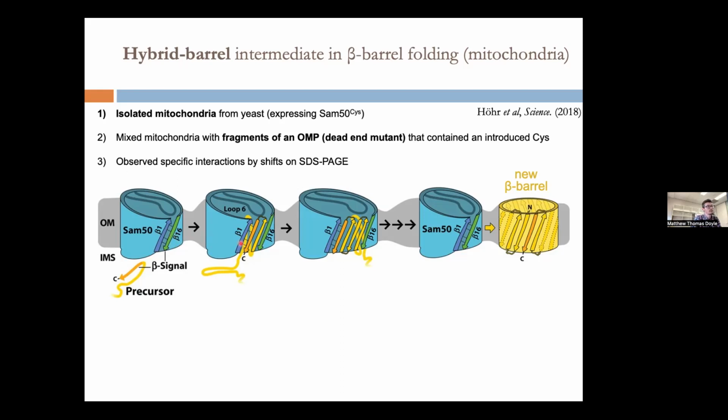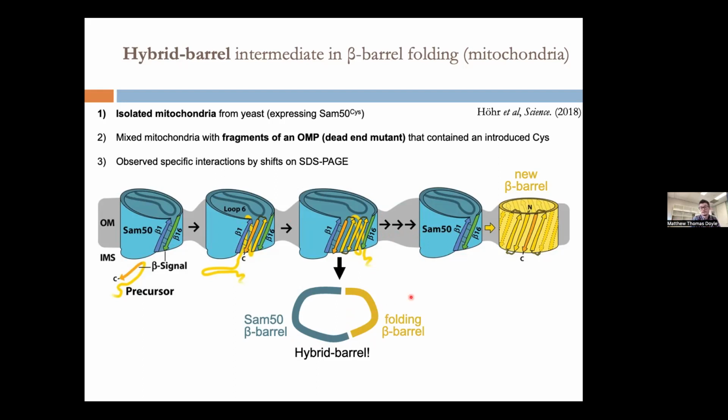And so what they were able to see is that they could get cross-links between the first strand of SAM50 and the final strand, the conserved beta signal of the substrate proteins, and also binding to the other side of the barrels. And so what they imagined was that SAM would form a hybrid barrel, a two-sided hybrid barrel with its barrel that it's folding, and then that would bud off. So this was beautiful analysis.